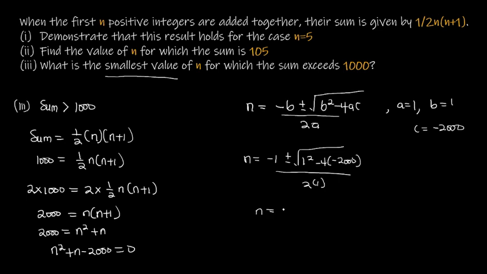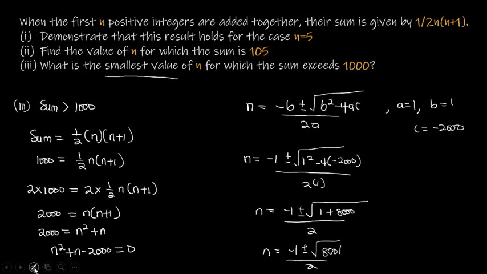So n is equal to minus 1 plus or minus the root of 1 plus 8,000 all over 2. And so n is equal to minus 1 plus or minus the root of 8,001 all over 2. From here I can go ahead and find the value of n.